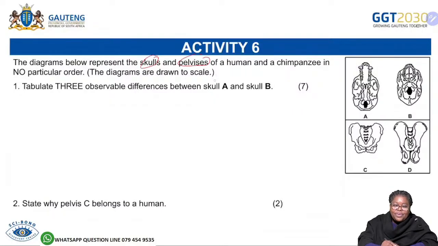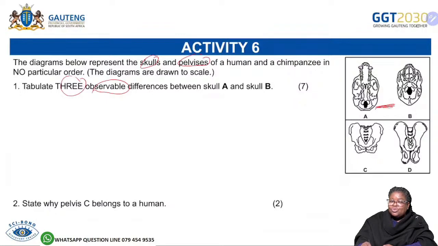Like the first question says, tabulate 3 observable differences between skull A and skull B. These are the 2 skulls that we are comparing. And remember, it says 3 observable differences, meaning here we don't expect general responses, but you respond on what you see, on what you observe, right?